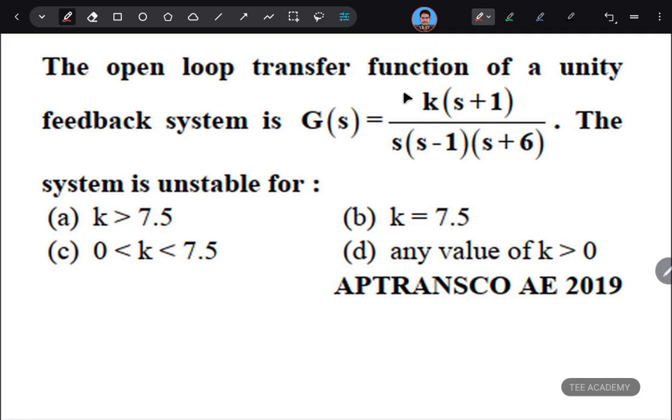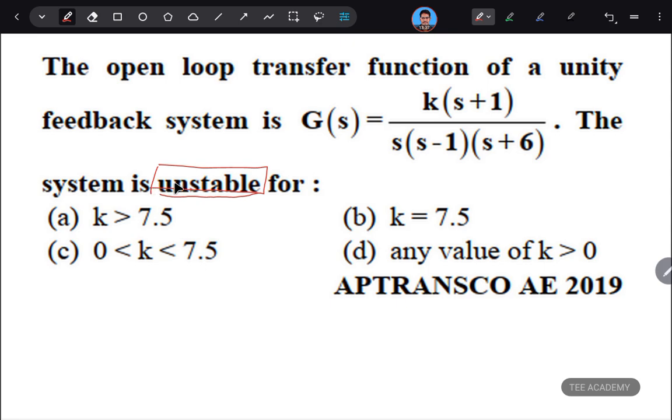The open loop transfer function of a unity feedback system is given: G of s is equal to k into s plus 1 divided by s into s minus 1 into s plus 6. The system is unstable. Read the question properly here. It is asking for unstable, not stable.